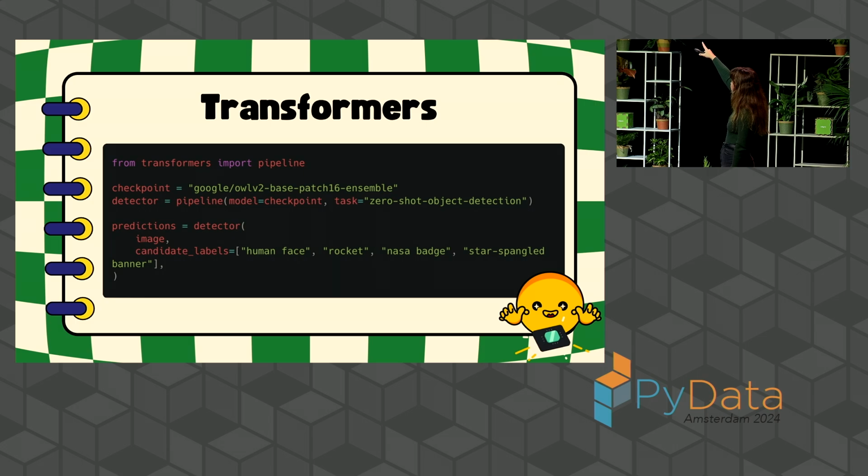You import pipeline from Transformers, and then you initialize the pipeline with the model of your choice and the task. For this case, OWL is a zero-shot object detection model. And then you pass to the pipeline that you initialized the image and the candidate labels, or whatever input that you have, and you get the outputs. That's it.